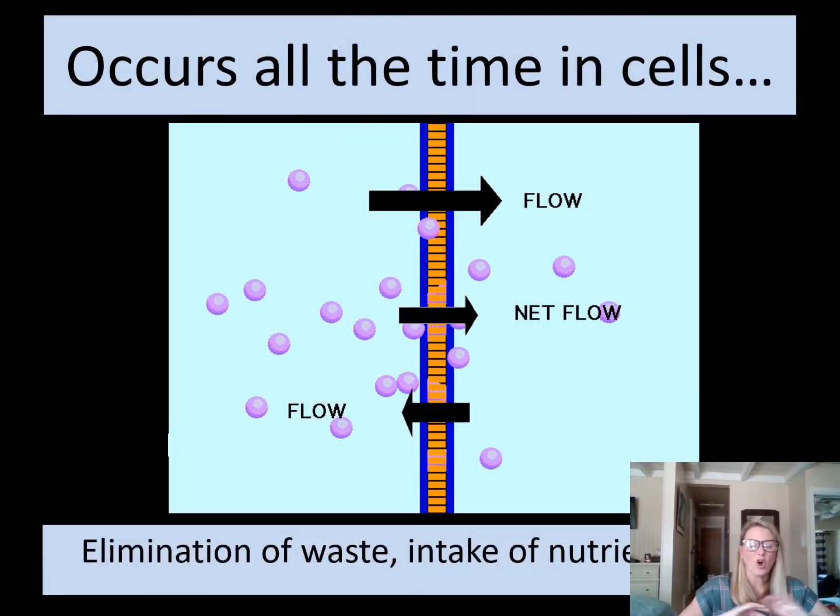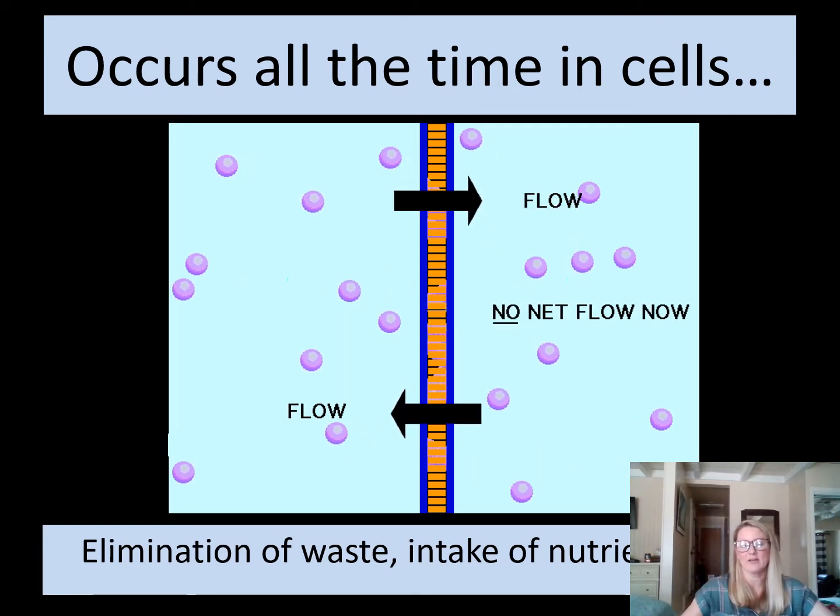It occurs all the time in cells. Cells are constantly moving things in and out to sometimes eliminate waste, to take in nutrients that they may need, and they all follow the same basic principle. Things will move from high concentration to low concentration.